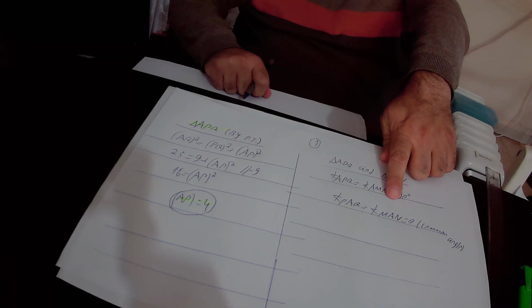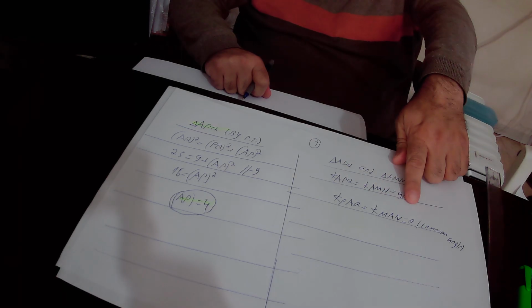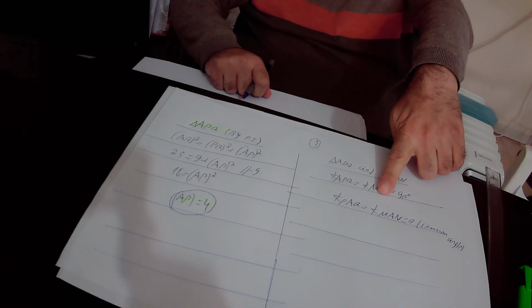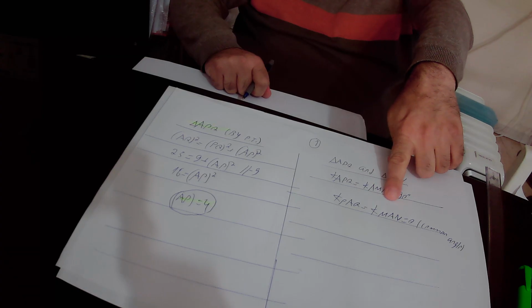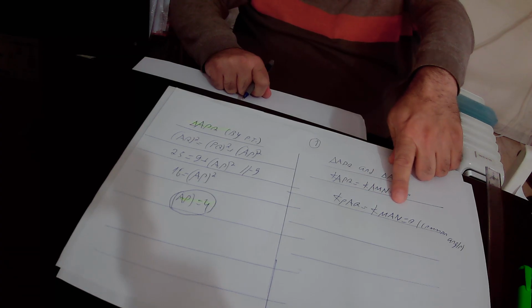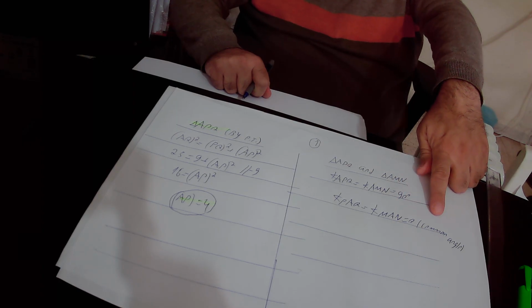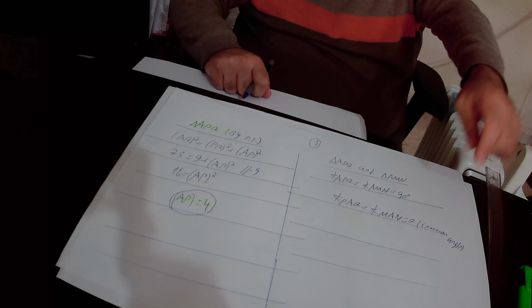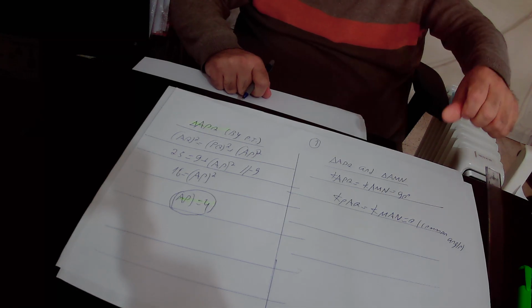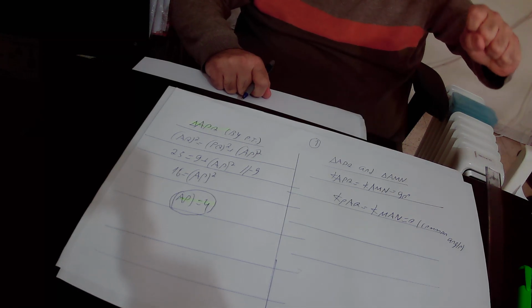In this way, we show that angle theta also belongs to the small triangle. Both of those angles are different names for angle theta, so they are equal to angle theta. It's a common angle: angle theta equals itself, and it belongs to both triangles.